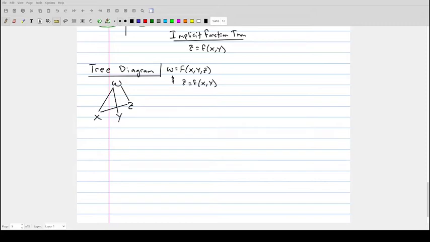And both x and y also affect z, so z depends on y and z depends on x. You'll notice that I put z higher than x and y because it still depends on x and y. But this is the correct tree diagram for this scenario.